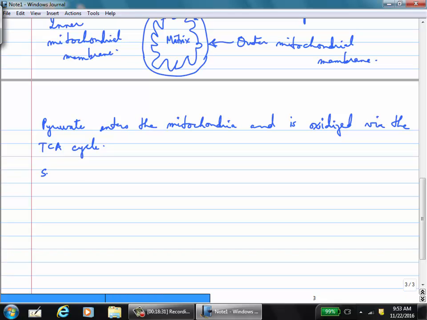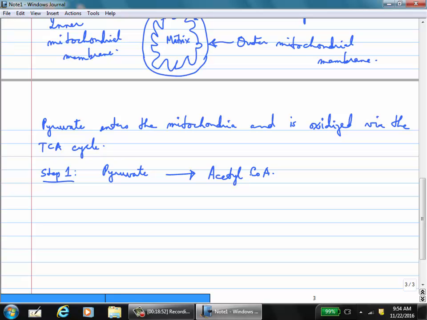Step number 1. Pyruvate gets converted to a molecule that is called acetyl coenzyme A. We have talked about this before, in an earlier chapter when we were looking at a review of organic chemistry.